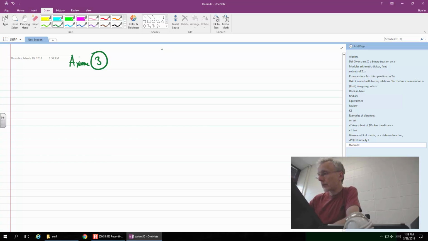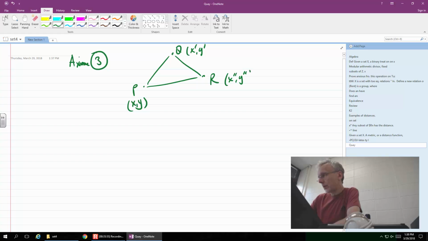Say I have P, Q, and R once again. I'll write out again: this is x, y, x prime, y prime, x double prime, y double prime. And once again I need to prove the triangle inequality.